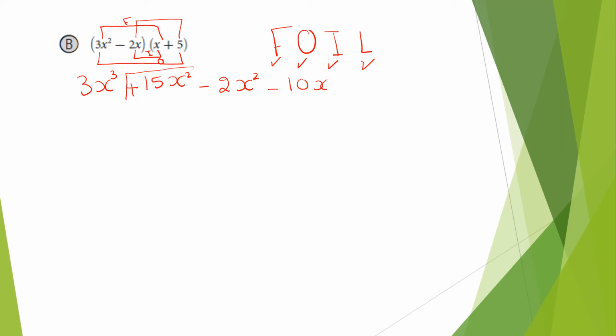So I have here positive 15x squared and negative 2x squared. Different signs, I subtract and take the sign of the greatest, which is positive. Then 15 minus 2 will be 13x squared, and the negative 10x as it is.